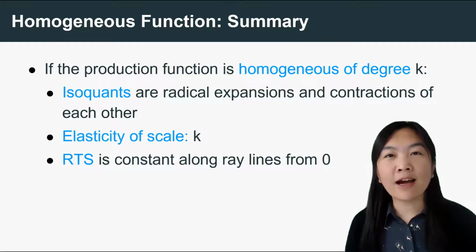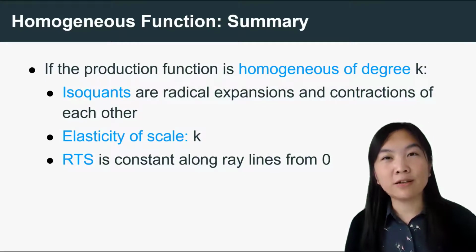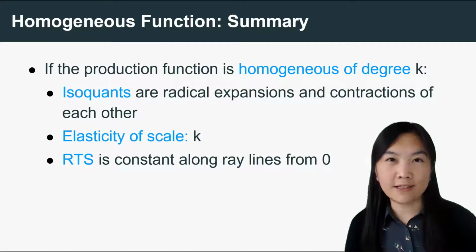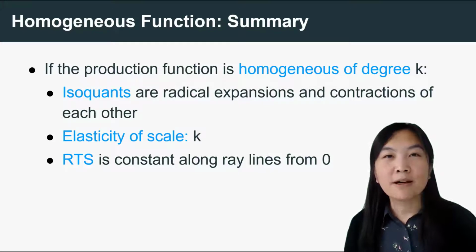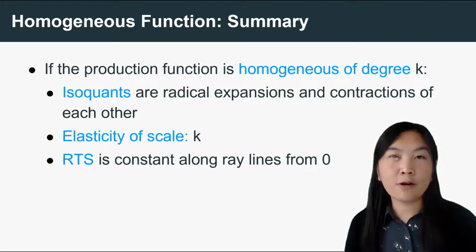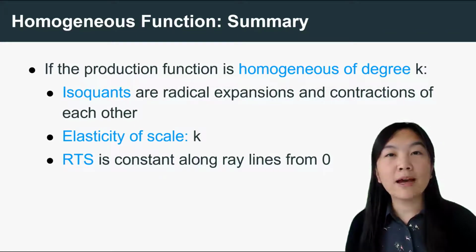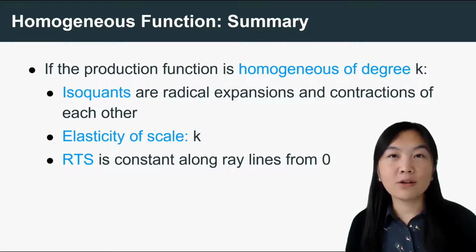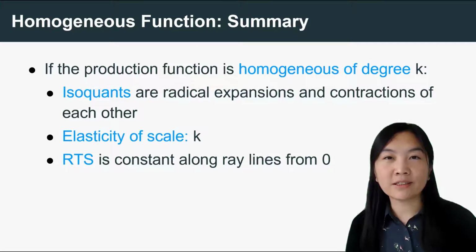First is that the isoquants are just radial expansions and contractions of each other. Second one is about returns to scale. So K, which is the degree of homogeneity of your production function, is actually the same as the elasticity of scale. And if K is equal to 1, you have constant returns to scale.